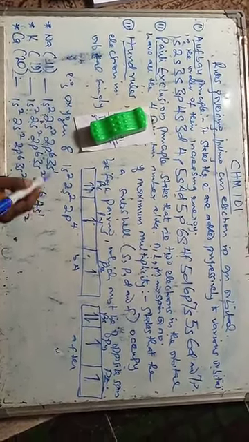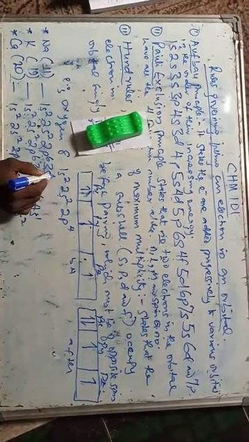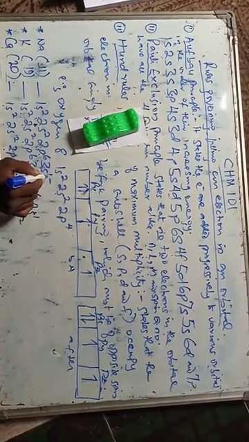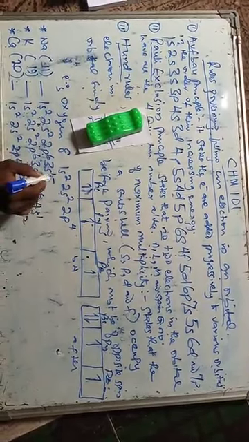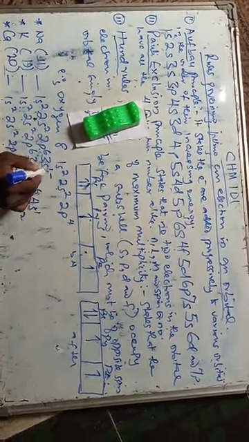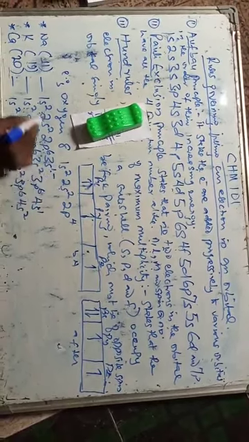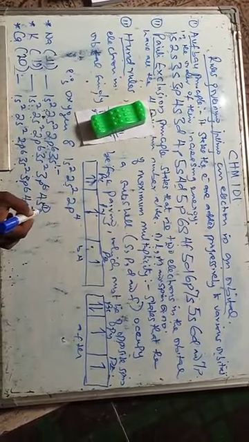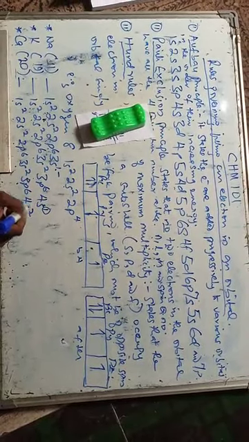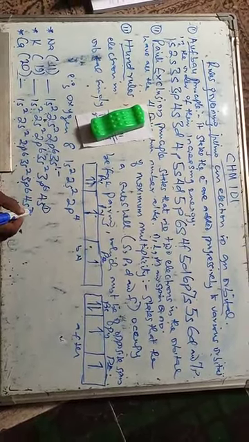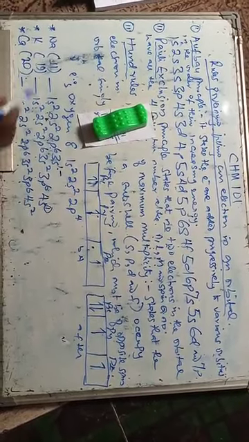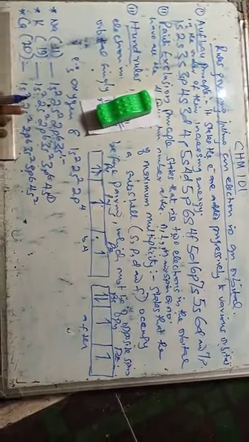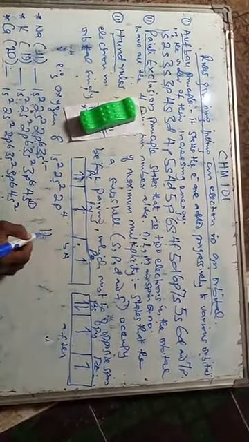When you look at it, the outermost electron determines the position of that element in the periodic table. In the case of sodium, the outermost electron is 1, therefore sodium is in group 1. In the case of potassium, the outermost electron is 1, so potassium is in group 1. In this case, calcium has 2, so calcium is in group 2. However, there are some exceptional cases like that of helium.